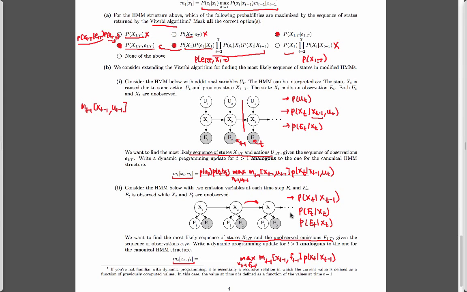Next we have our distribution of the emissions, f_t given x_t, and this is not a function of x_{t-1} or f_{t-1}, so we can put it outside the max. And then finally we have our observation model, e_t given x_t, and this is also not a function of x_{t-1} or f_{t-1}, so we can again put it outside the maximum. So this is e_t given x_t. And that is the final answer.